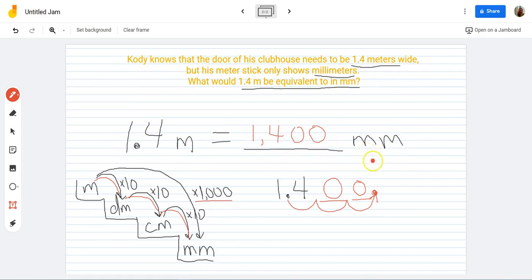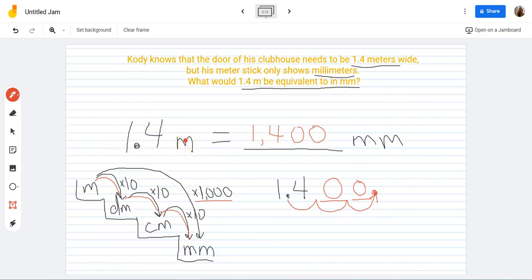This makes sense because millimeters is much smaller than meters. In fact, it's 1,000 times smaller. We just talked about that over here with our staircase. So, because it's much smaller for each millimeter, we have to go a lot farther to get to the meters. So it makes sense that we would have a bigger number with our smaller unit and a smaller number with our bigger unit.